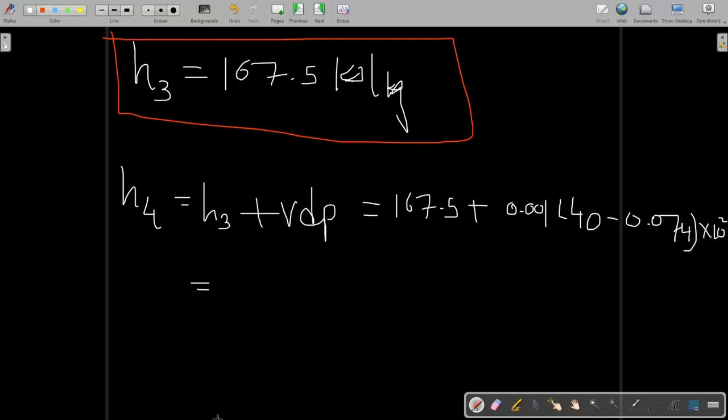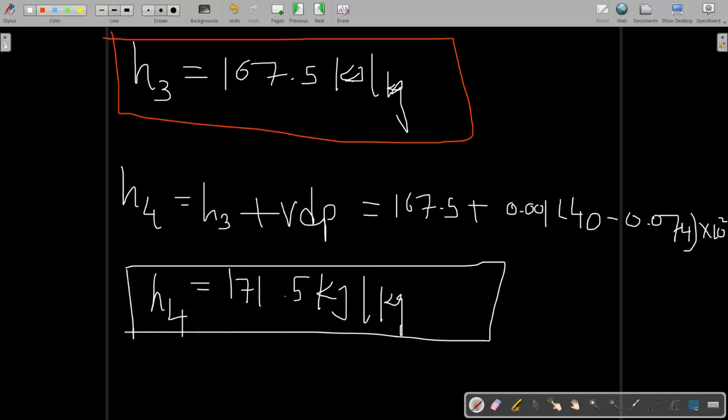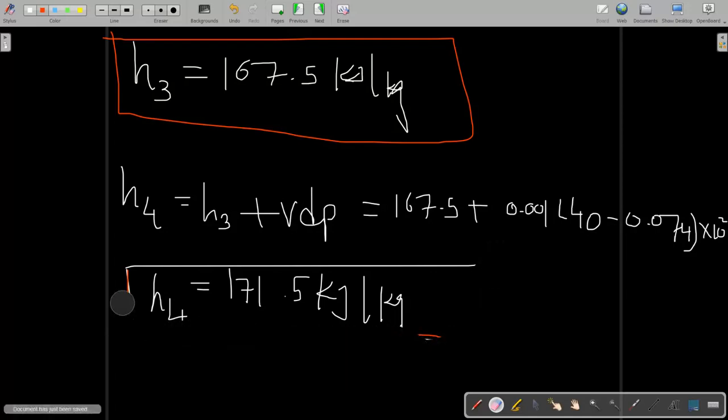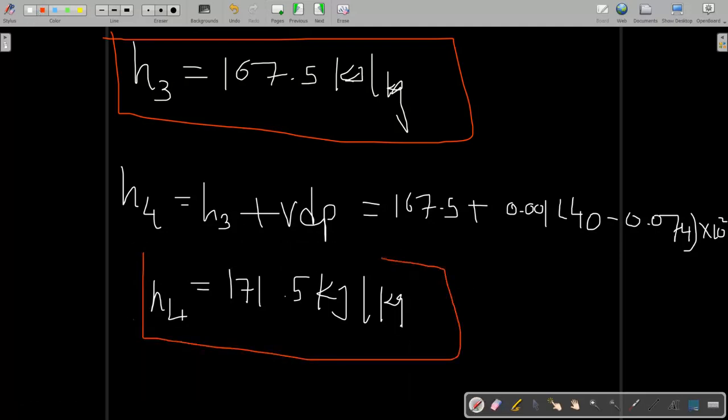When you solve this, you have 171.5 kilojoule per kg. This is in red because it is the enthalpy answer, so mark it in red so that at the time of efficiency calculation we can easily find all this.